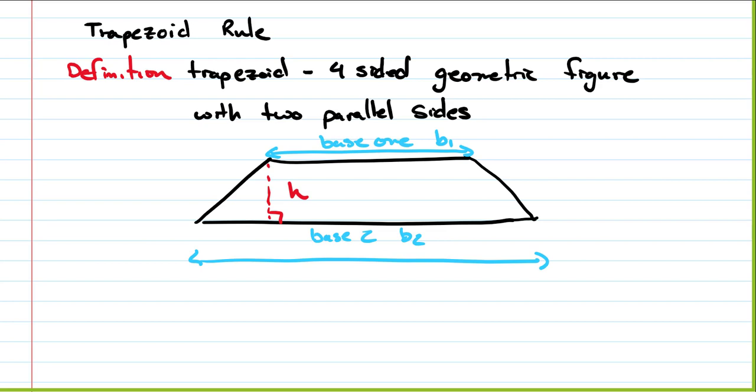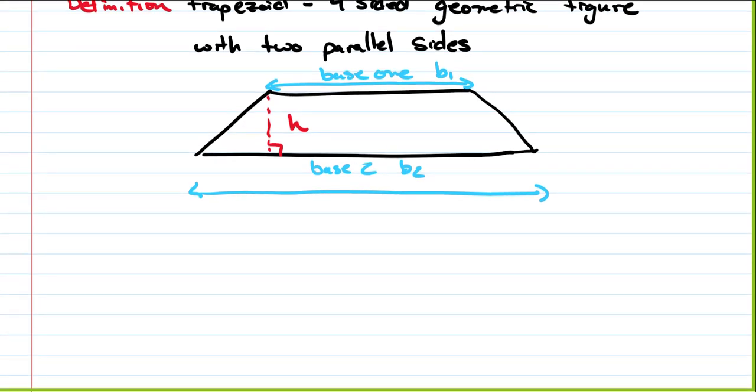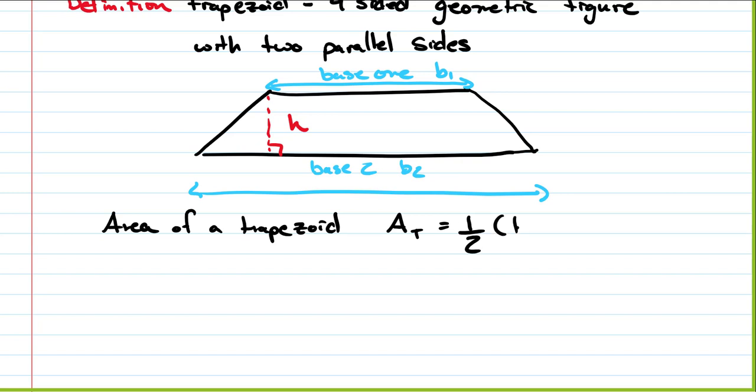Turns out the area, which is what we're going to be interested in, of a trapezoid, which we will denote A sub T, is equal to 1/2 times base 1 plus base 2 times its height.